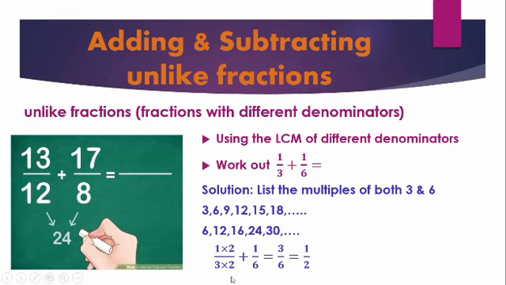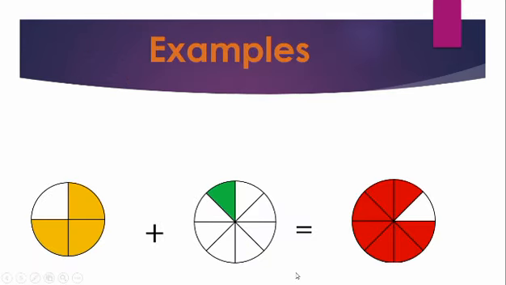So we have to change the denominator 3 into 6. We multiply the numerator of 1 over 3 and the denominator of the same fraction by 2 to get 2 over 6 plus 1 over 6 equals 3 over 6, which simplifies to 1 over 2 or half.